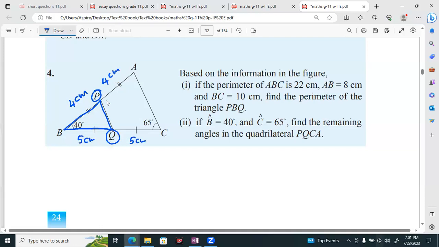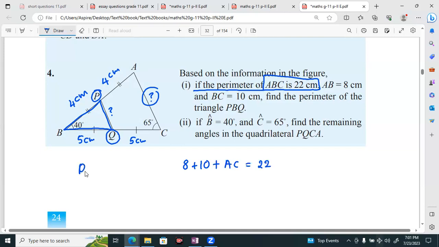Okay. Now to find the perimeter of BPQ, we don't know what PQ is. Now we can find PQ if we know AC. Now how do we find AC? That's why they have given the perimeter of ABC. Okay. AB equals 8 and BC equals 10. That means 8 plus 10 plus AC equals 22 centimeters.